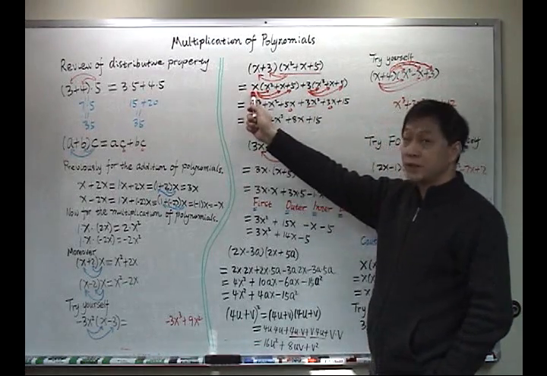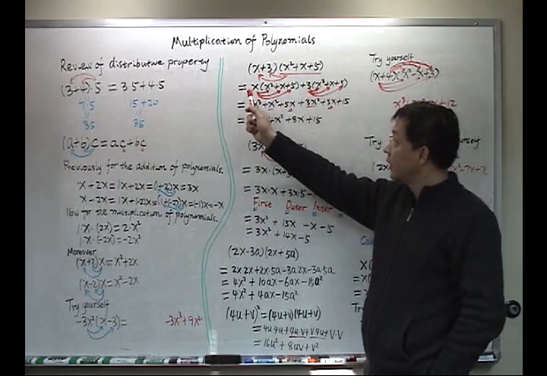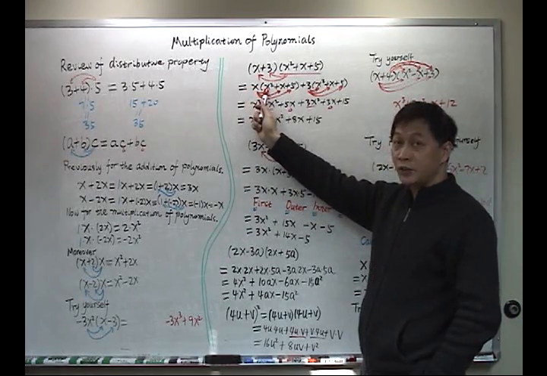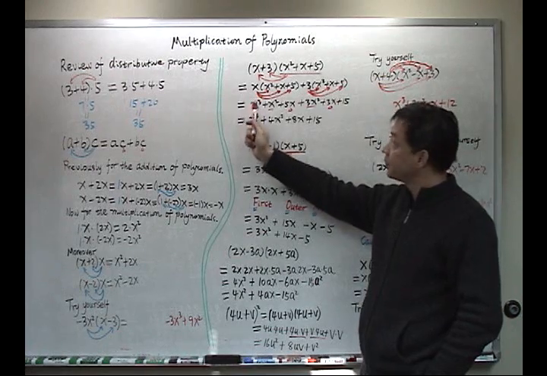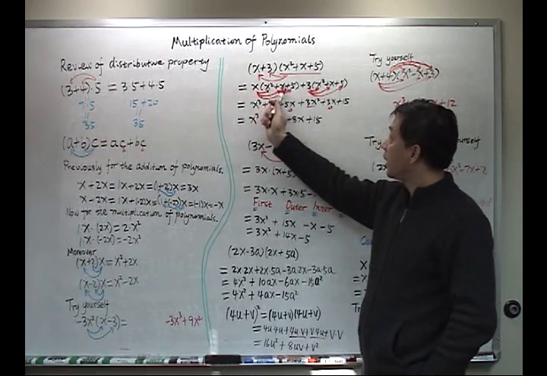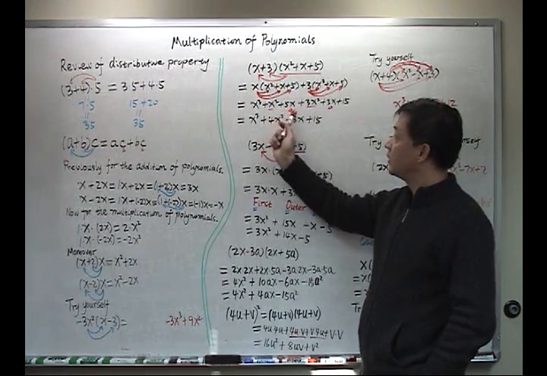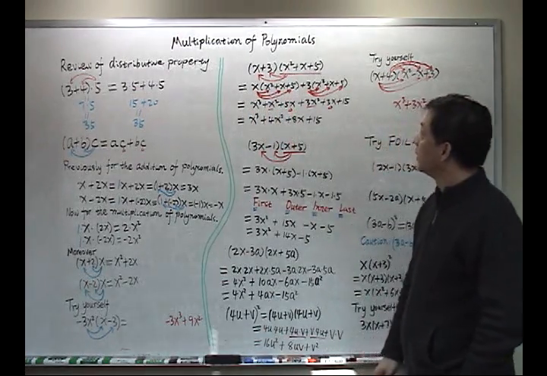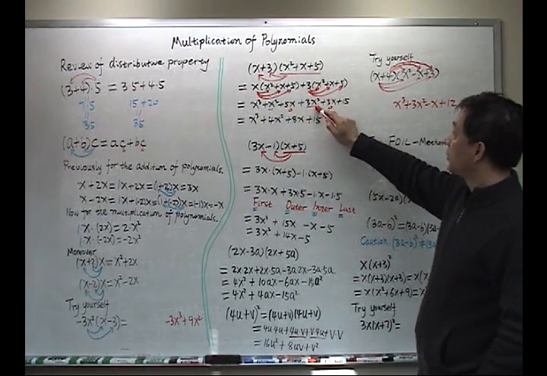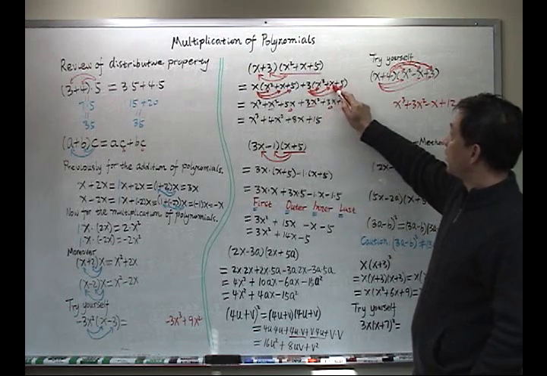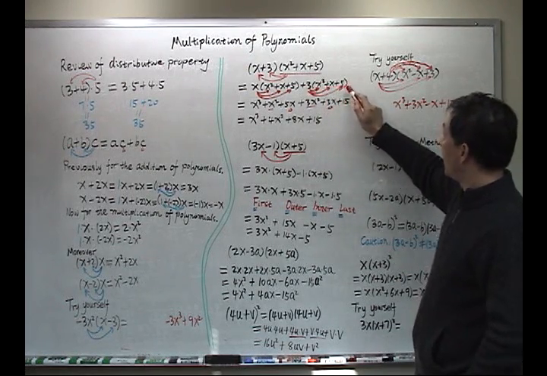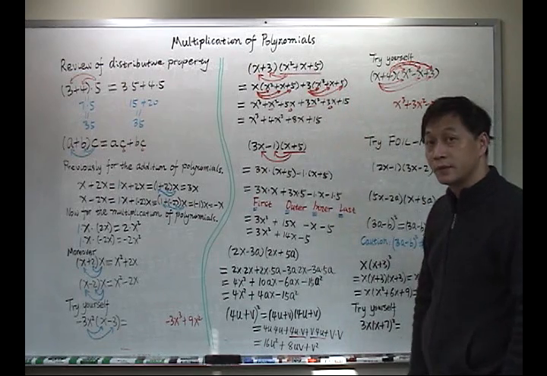Now again we can use the distributive property. x goes to each term inside. x times x squared is x cubed. x times x is x squared. x times 5 is 5x. And here 3 times x squared gives us 3x squared. 3 times x gives us 3x. And then 3 times 5 gives us 15.